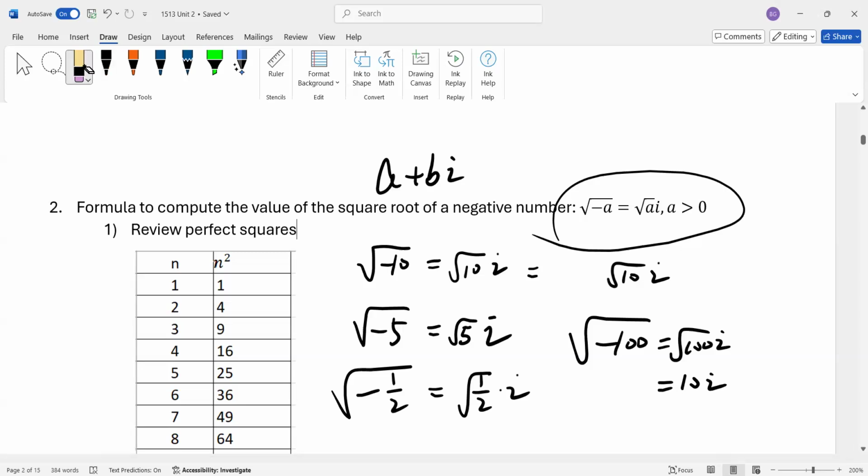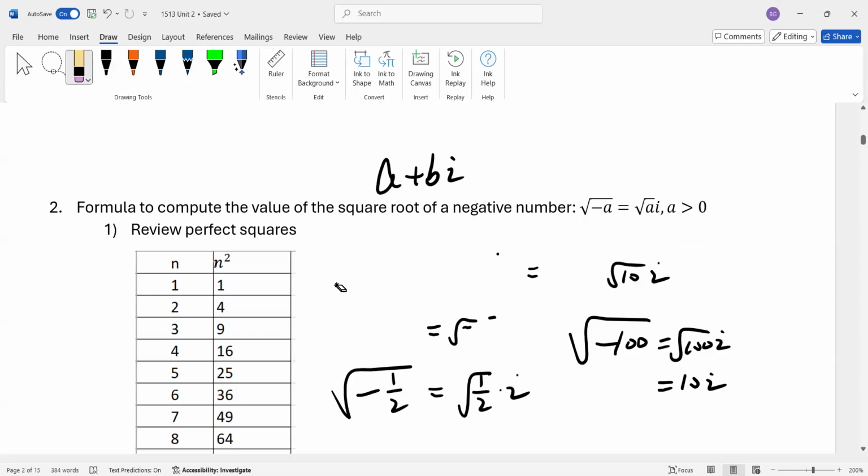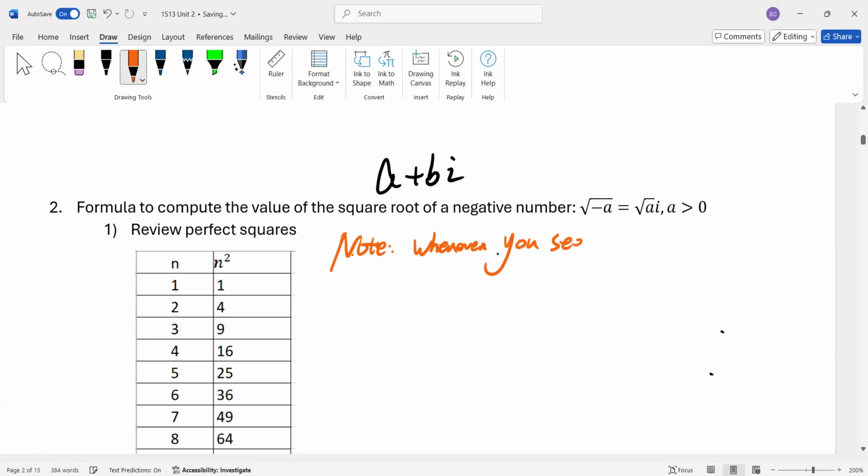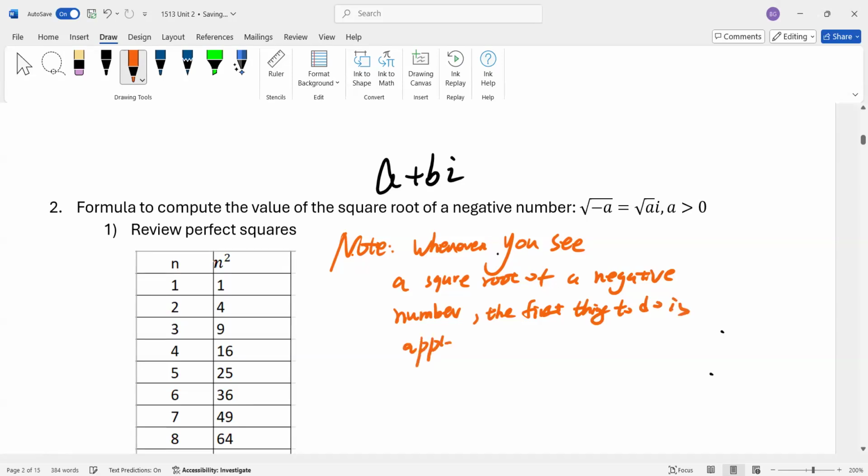No questions. Okay, and I need to write down a sentence. I hope you can include that in your notes. Note: whenever you see a square root of a negative number, the first thing to do is apply the formula.